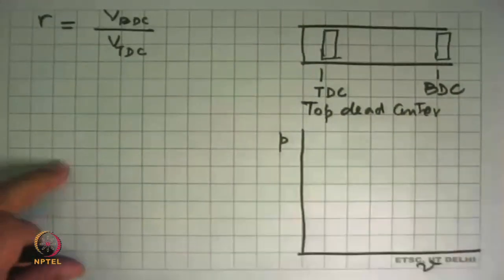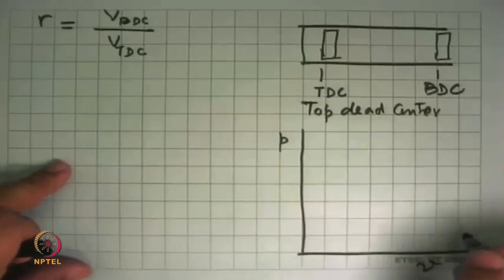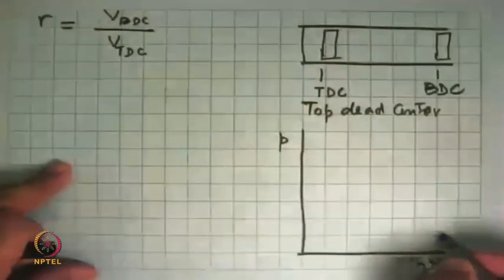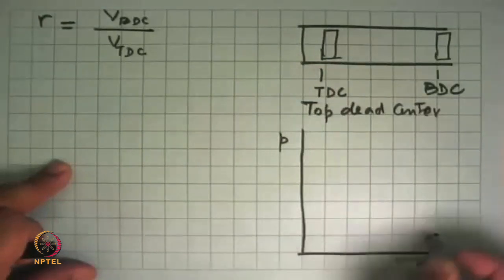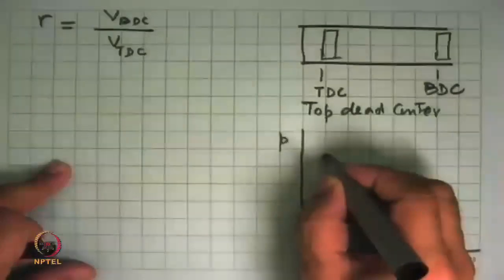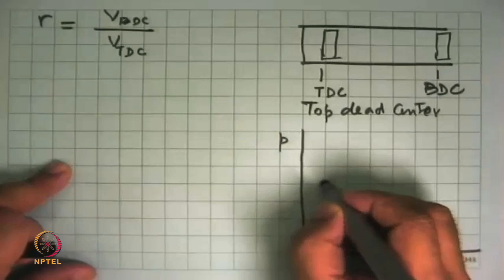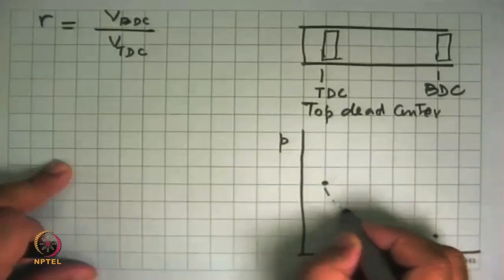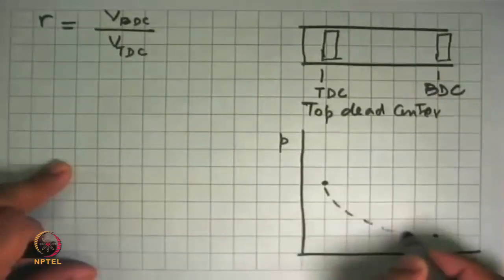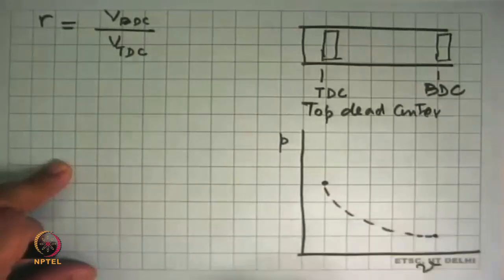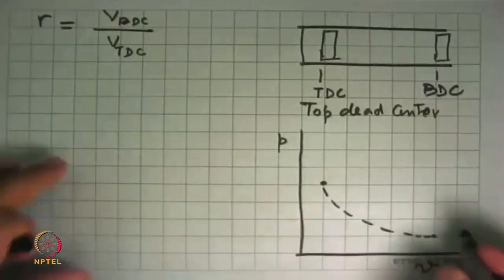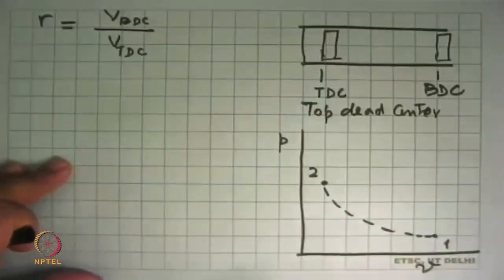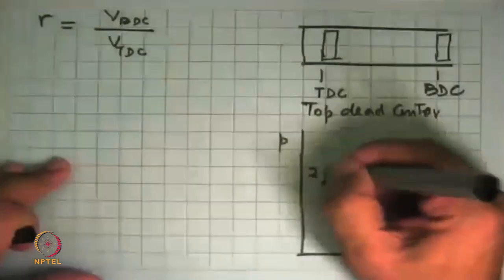So what happens here is, in the compression process, we start from here and we reach a point over there. This will be a solid line because these are ideal processes. This is state 1, this is state 2.